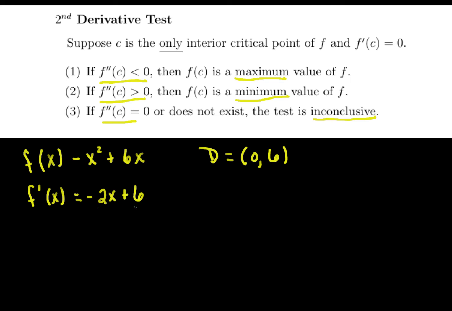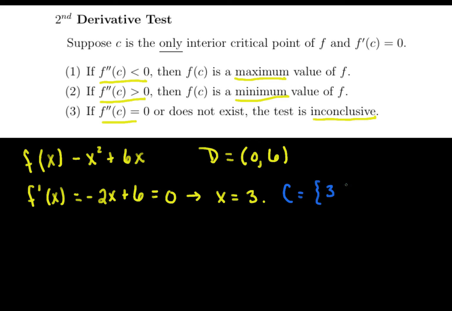Now this exists for all real numbers in our domain, so we need to ask the question, when is it 0? And this occurs precisely when x is equal to 3. So our one and only critical value is 3. So our set of critical values is {3}.